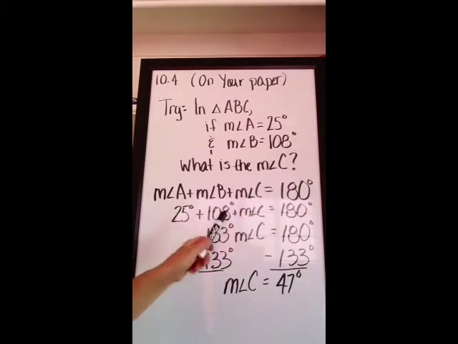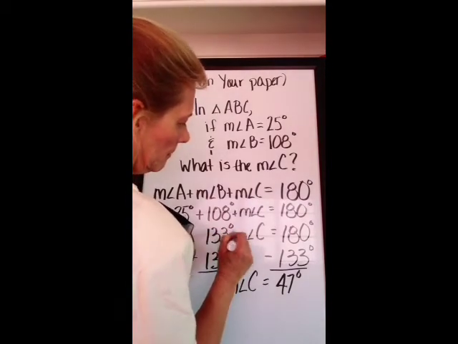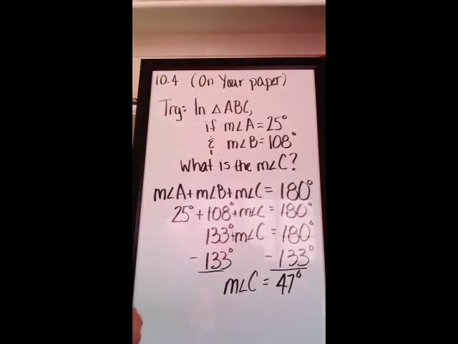And adding 25 and 108, I get 133 plus the measure of angle C is equal to 180. I want to isolate the measure of angle C, so I subtract 133 from both sides. So the measure of angle C is 47 degrees. I can check and make sure I got the right answer because this plus this plus this better equal 180.